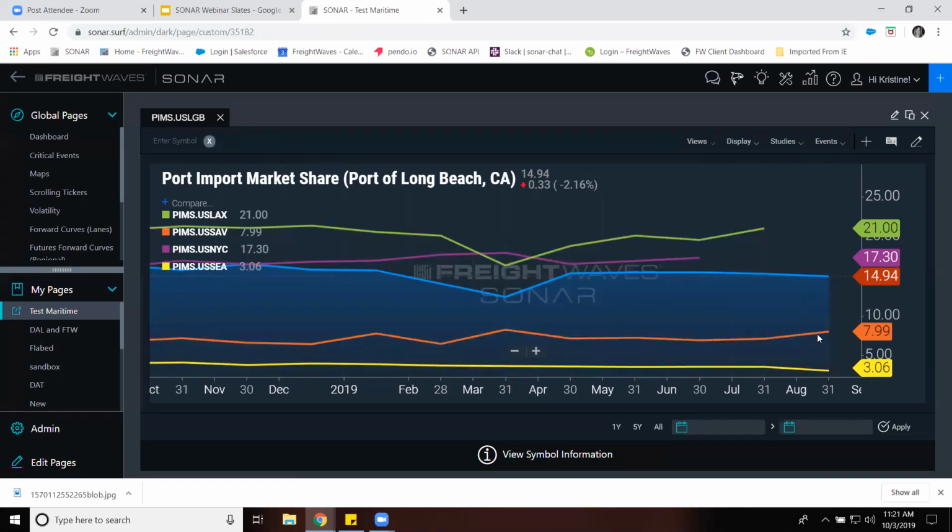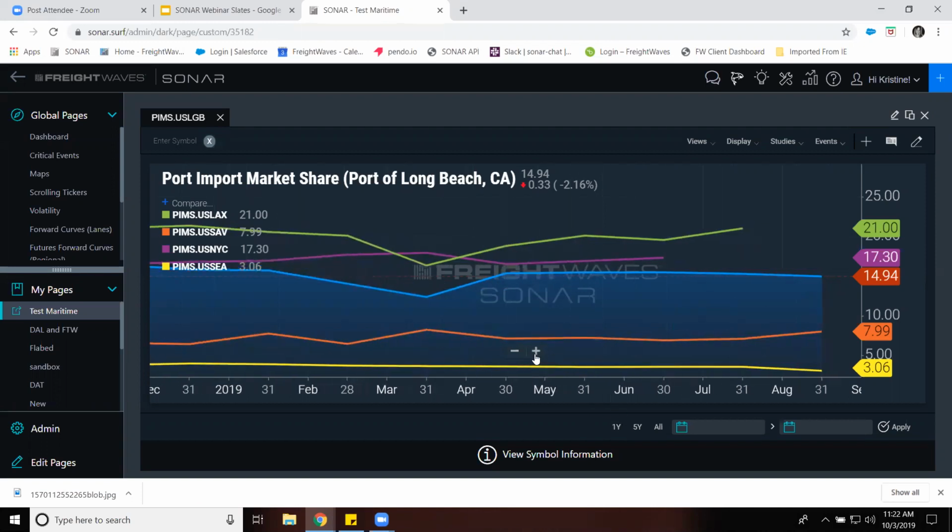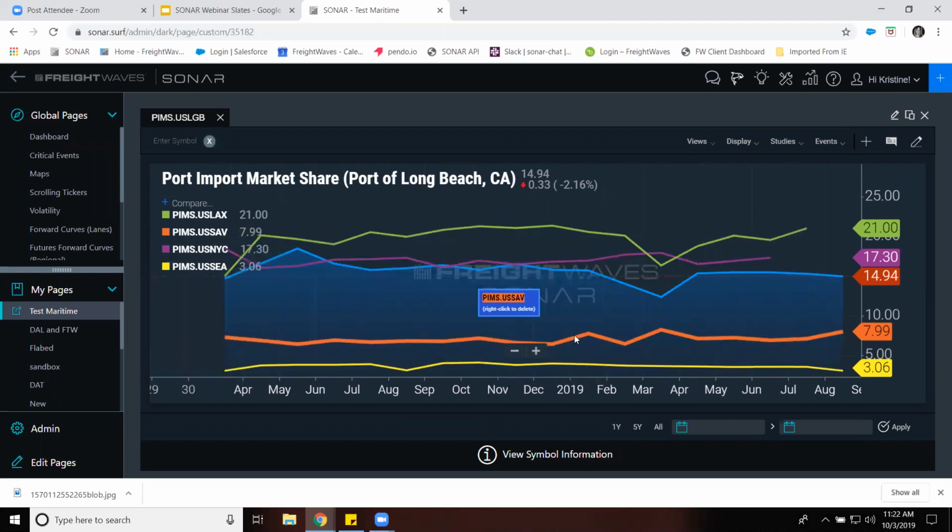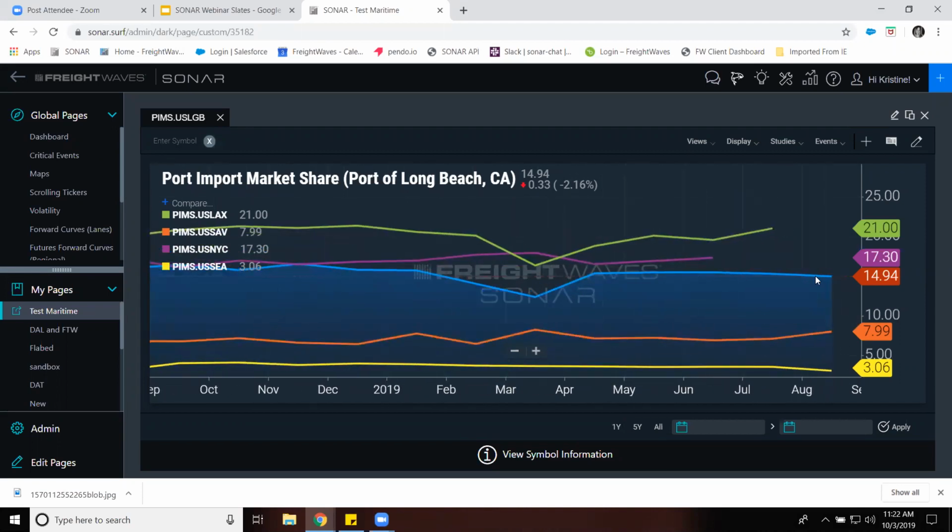So you can see down here, Savannah picking up to capture 1% of U.S. imports. So you're having to capture millions more TEUs. So it's quite hard to increase in market share for some of these smaller ports. But you see clearly Savannah's on an upward trend, especially if we're looking at about a year. We can zoom in, but essentially you see those trends moving.